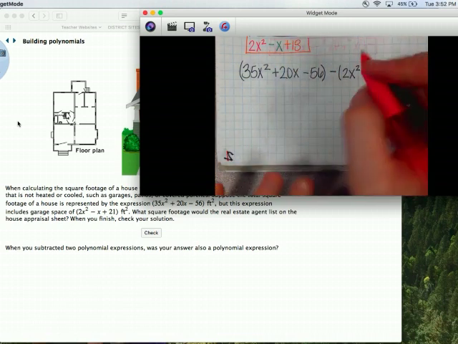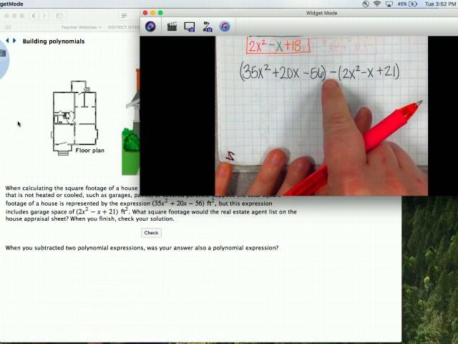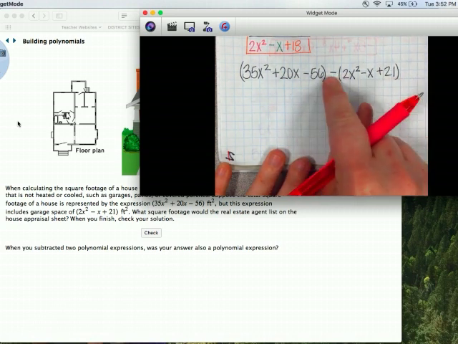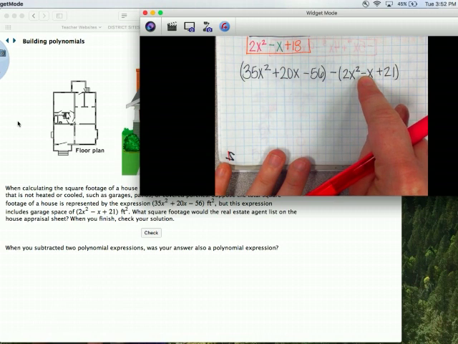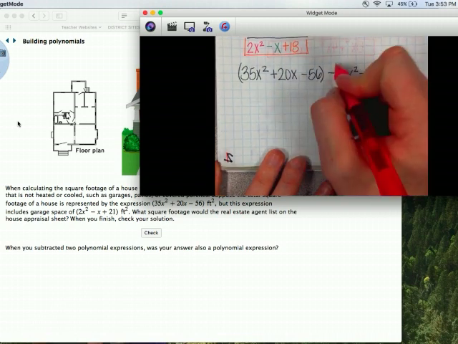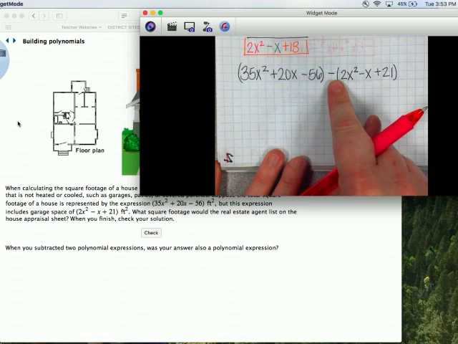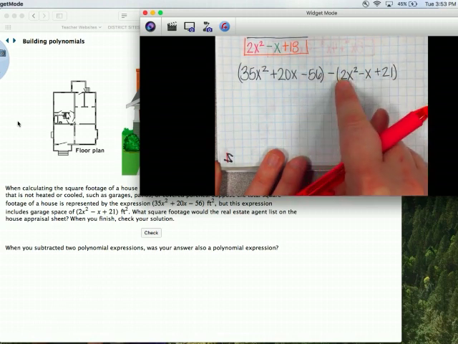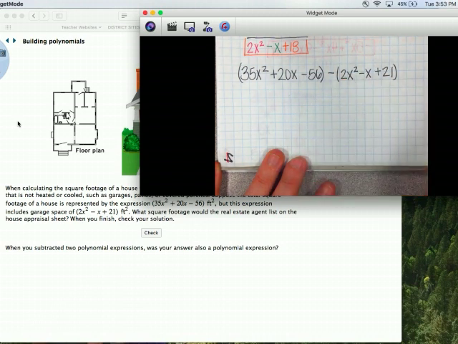So if you're doing subtraction and it says subtract everything in this parentheses, well, if I subtract a negative x, what's the opposite of a negative x? It would be a positive. So what you'll typically see is everyone just changes all of the signs, because if I subtract a 2x squared, it's just subtracting a 2x squared.